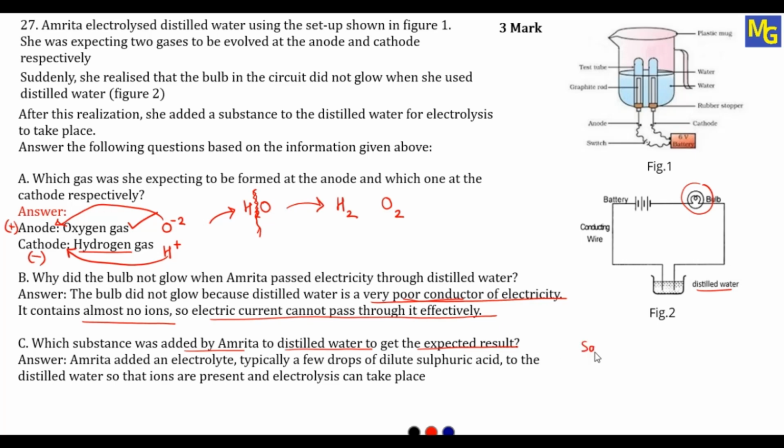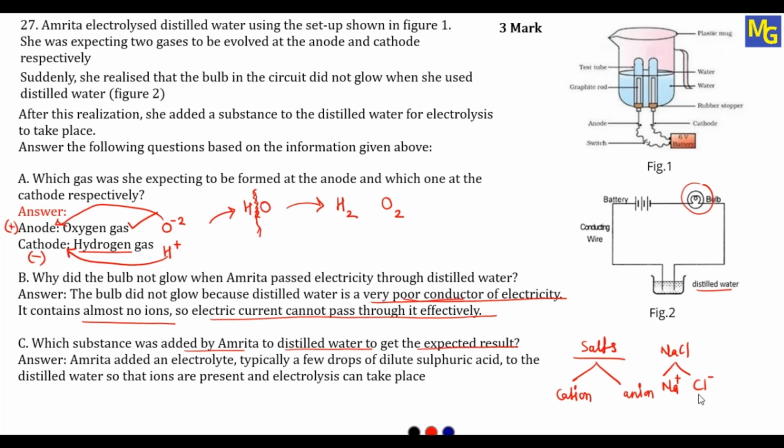If you add any salts into the water, once you supply the electricity, salts will split into a positive and a negative ion, that is cation and anion. For example, if you add NaCl, sodium chloride, it will split into positive Na+ ion and negative Cl- ion.